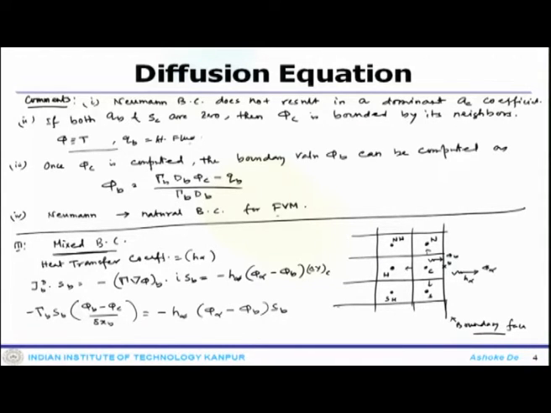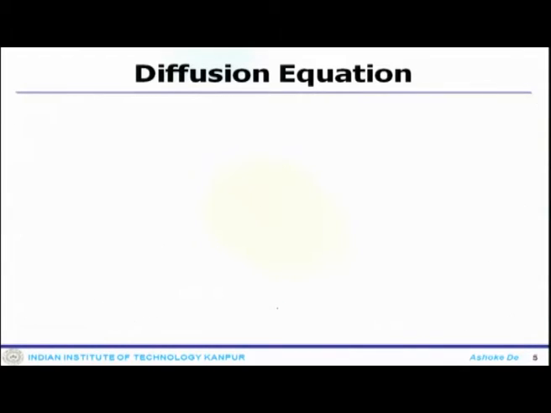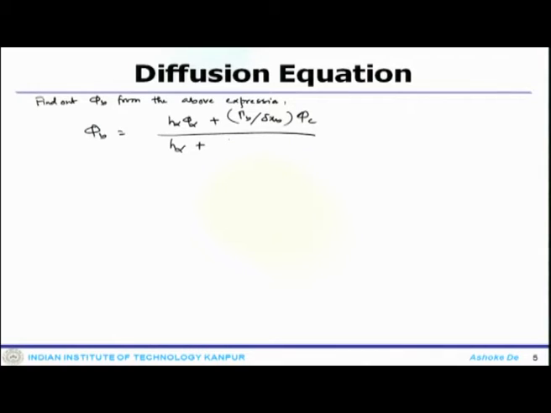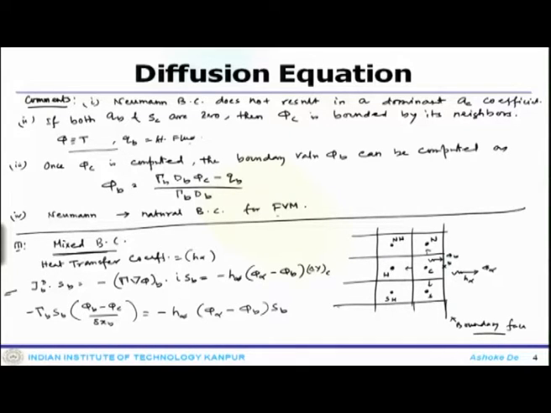Now, once you get back this, you can find out phi B from the above expression, which is going to be H infinity phi infinity plus gamma B divided by del x B into phi C, over H infinity plus gamma B divided by del x B. Now, this one you apply back in this particular flux information.